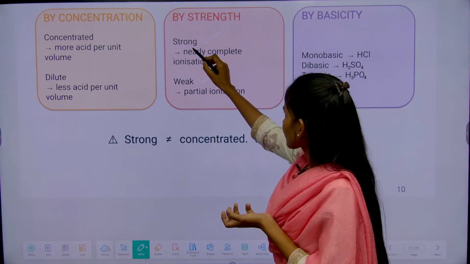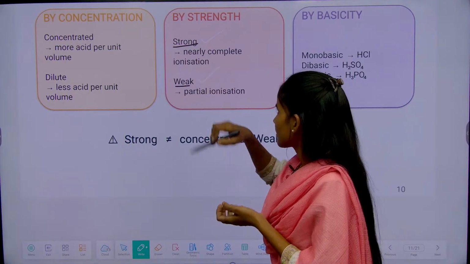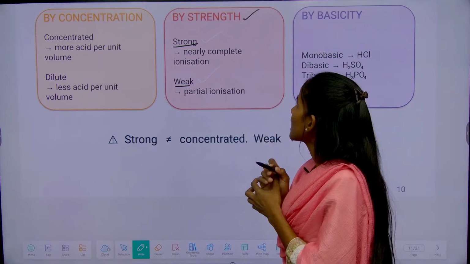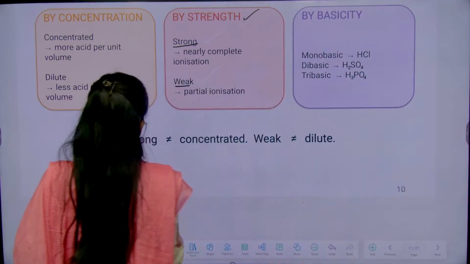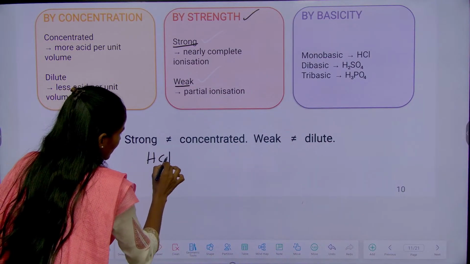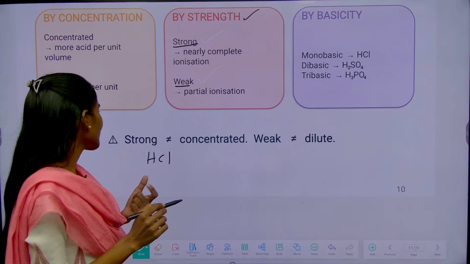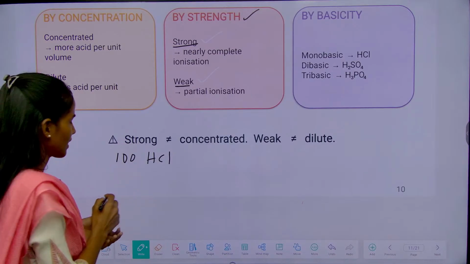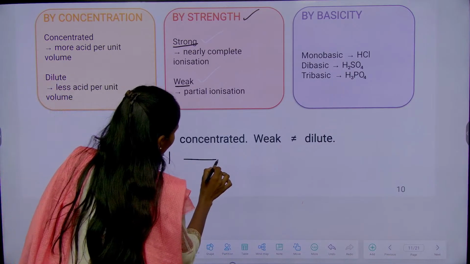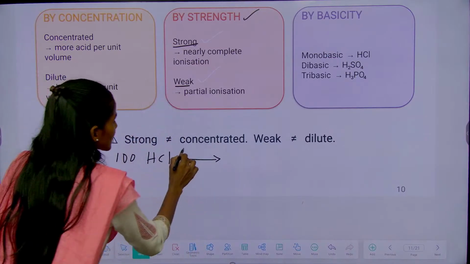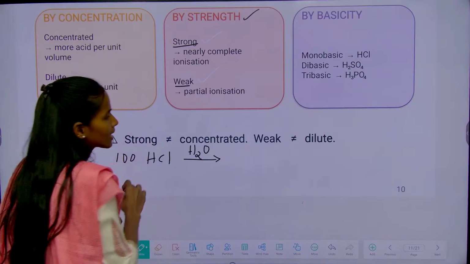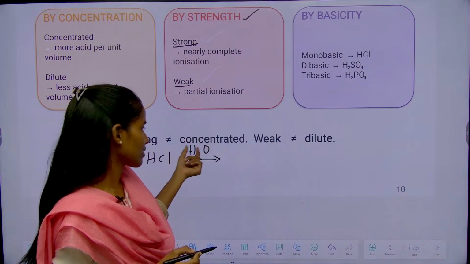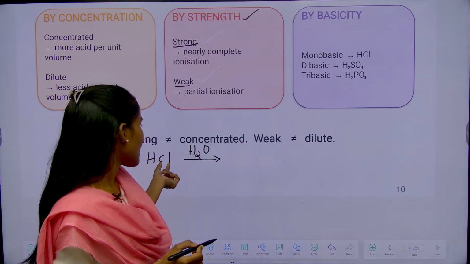If you see here, strong acid and weak acid are classified based on strength. For example, if you are taking hydrochloric acid, assume that there are 100 molecules of hydrochloric acid. In the presence of water, as we discussed in the last class, this acid will dissociate into its H plus and Cl minus ions.